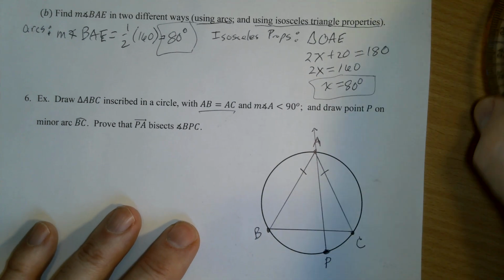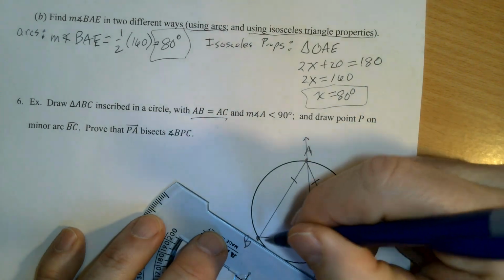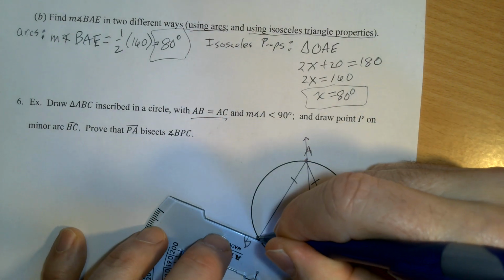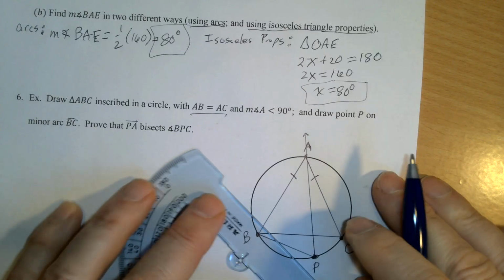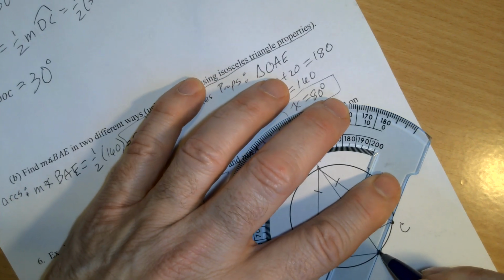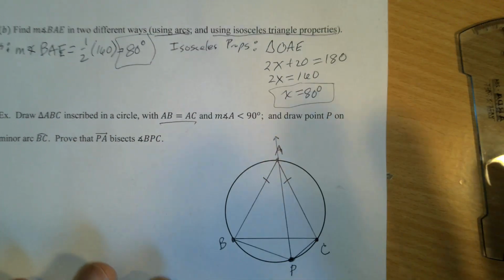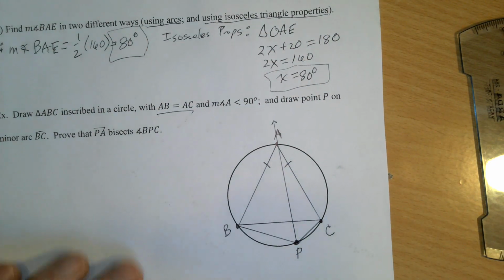All right, I guess I need to draw that angle as well. BP and P to C. Okay, my lines might be off a little bit, but we don't need to worry about that.